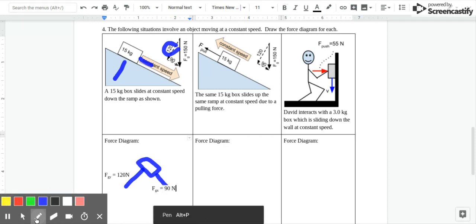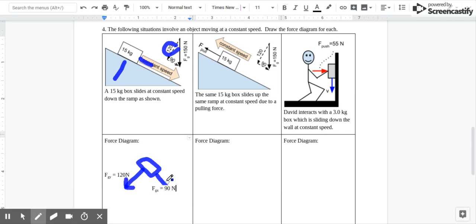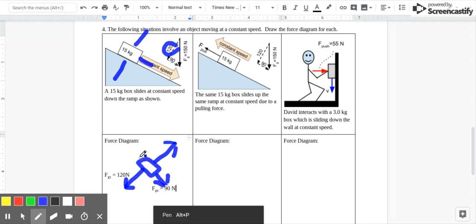All right. So we knew F net is equal to 0. So that means we've got two other forces. First of all, we should have normal force pointing up and perpendicular. So that's here. That's why they give you the perpendicular part of this force. And then we should have friction opposing the motion.